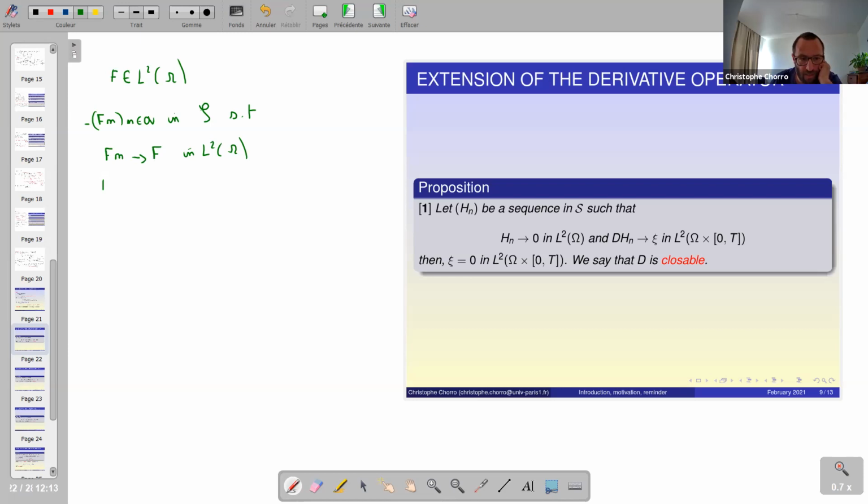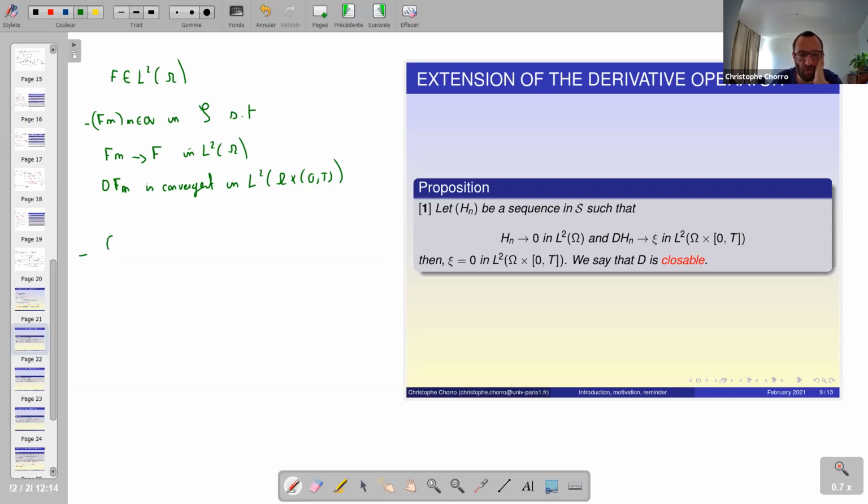And I suppose that D of Fn is convergent in L2 of omega times 0 capital T. Suppose that I have this for one approximating sequence, but I have it also for another one.